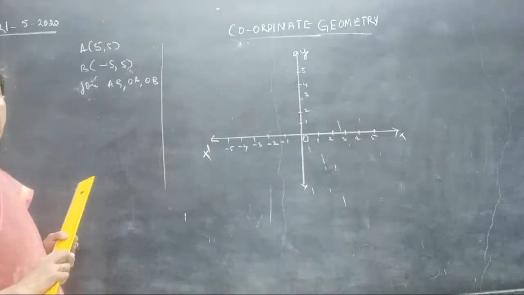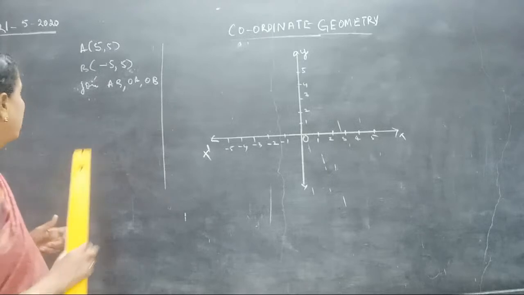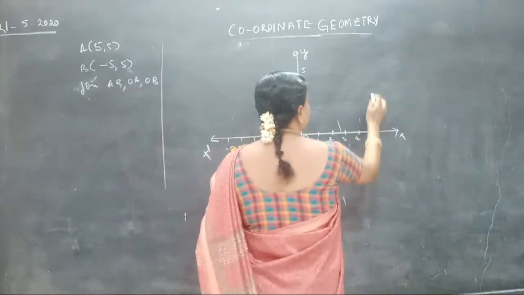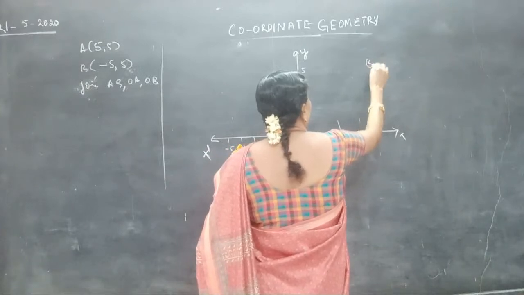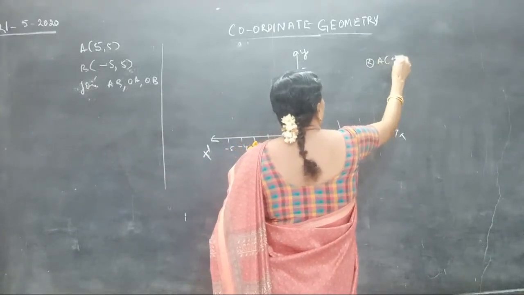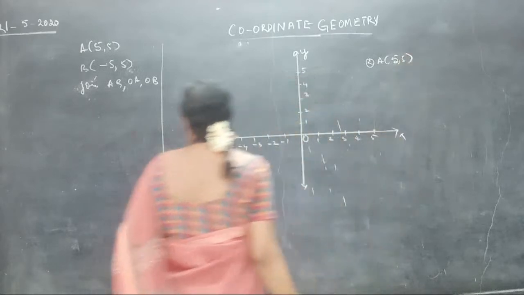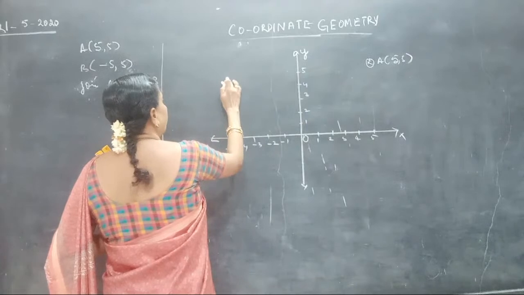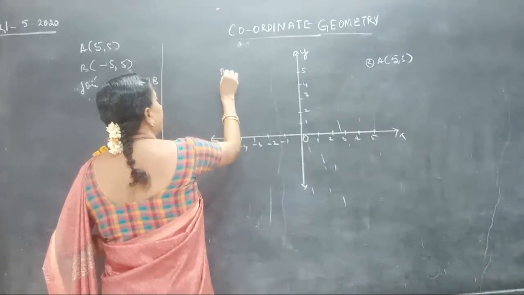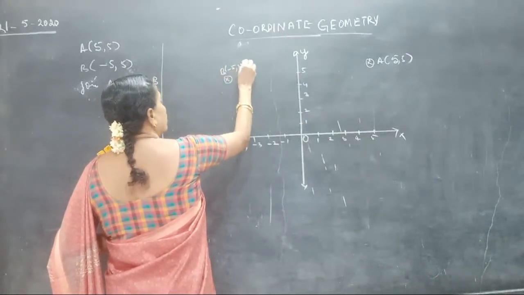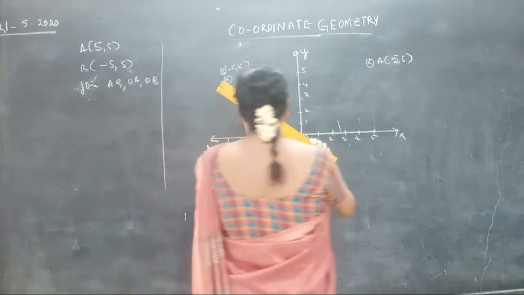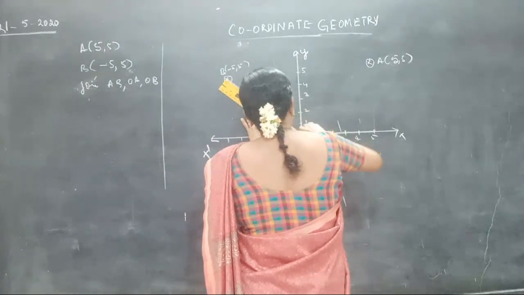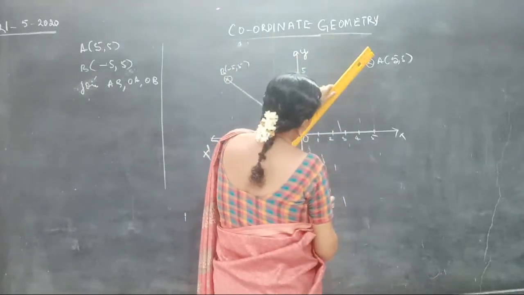So we'll have the connection of the points (5, 5). This is the position A, (5, 5). Then (-5, 5), B. So now the question is join AB, OA and OB. See the figure and name the figure.